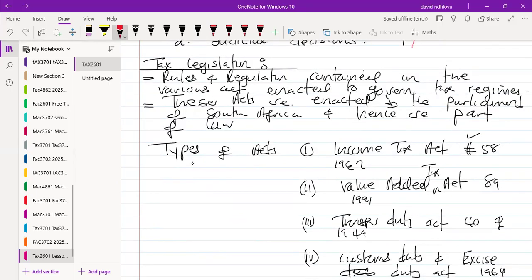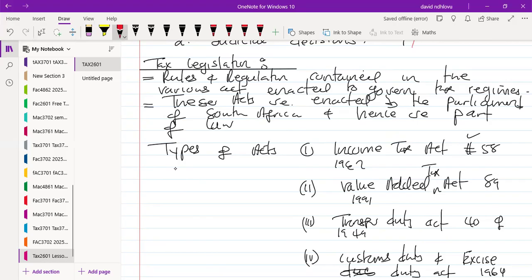Remember, tax is not a straitjacket. It's not always that the taxpayer and SARS will agree on interpretations of the Income Tax Act. There are usually disputes between SARS and the taxpayers. These are numerous and many, and these usually end up in courts of law. Normally the disputes are around interpretation.